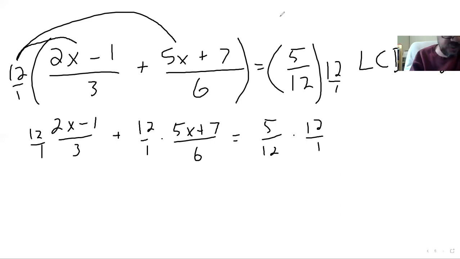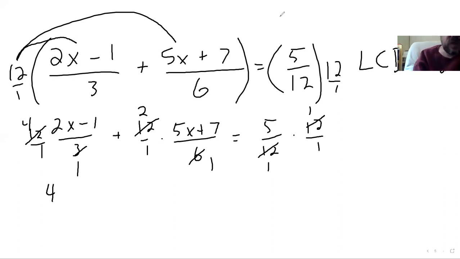Now, if I found my LCD correctly, what will end up happening is all the fractions will go away. So before I do any multiplying, I'm going to do this. And that makes things a lot easier because now there's no more fractions.